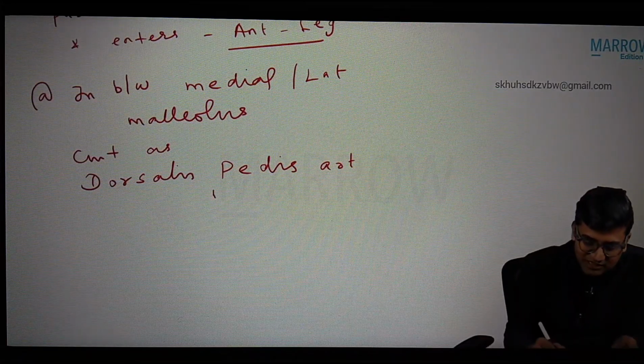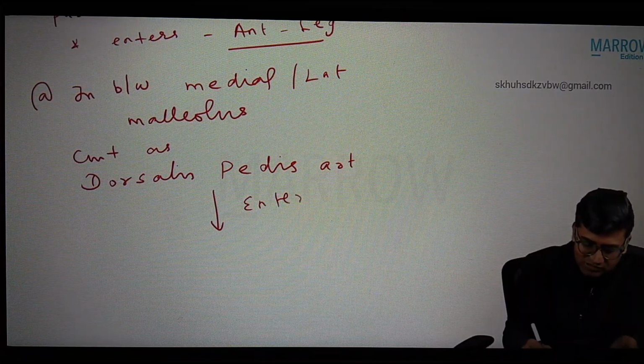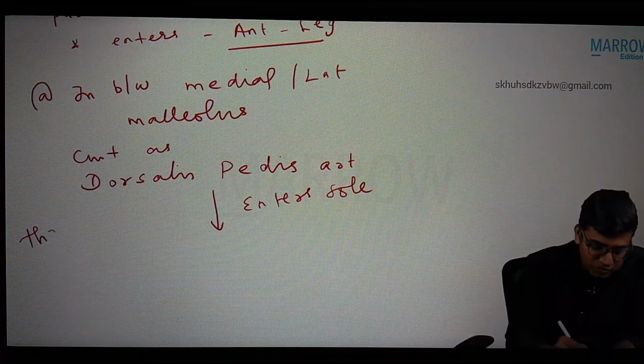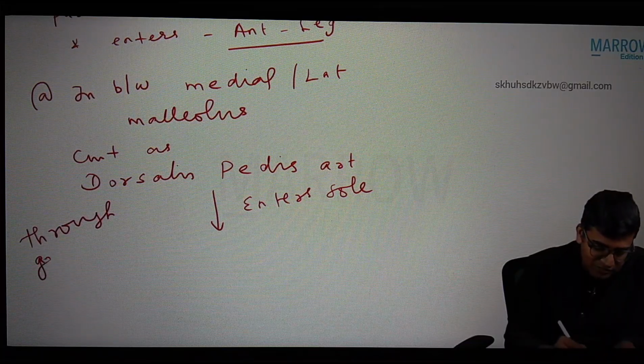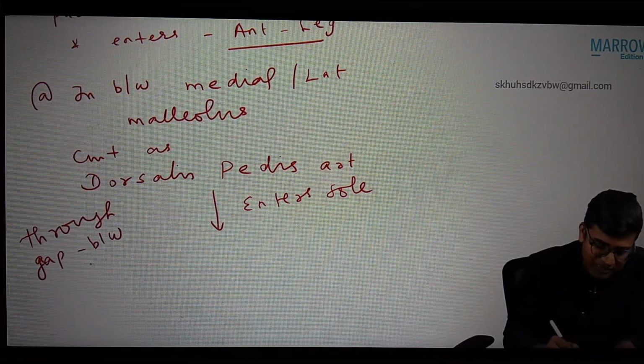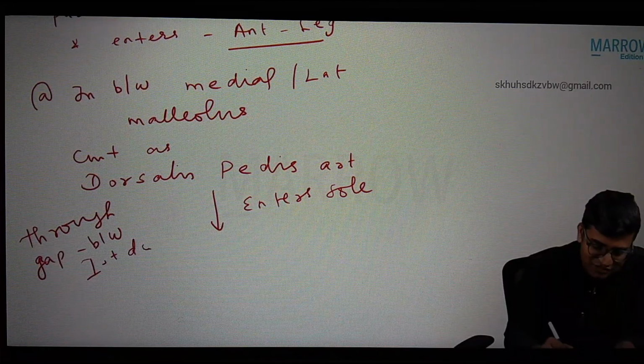Then the dorsalis pedis artery enters the sole. How, sir? Through the gap between the heads of the first dorsal interosseous.